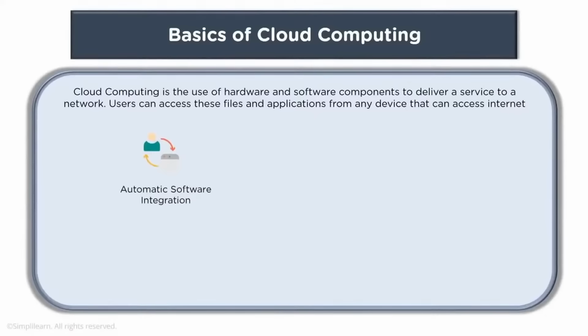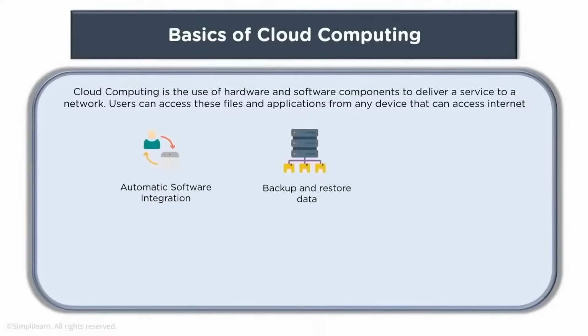These are the different computing service models offered by cloud service providers, which allow for automatic integration with your existing environment, or let you benefit from modernization by using a cloud provider's infrastructure.